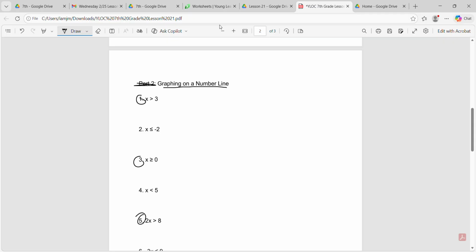Part 2. X is greater than 3. We're going to graph this on a number line. So let's draw a number line.